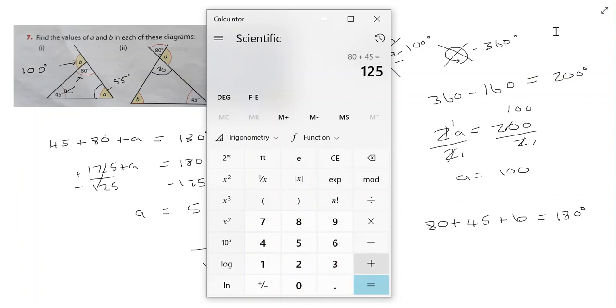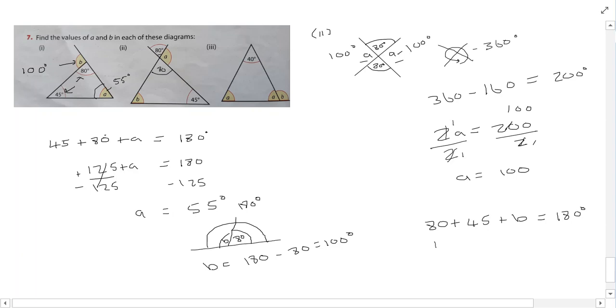So it's going to be 125 plus B is equal to 180. Now we want to get rid of the 125 from here. So this is plus 125, so we have to minus 125. If I minus 125 from this side, I have to minus 125 from this side. So plus 125 minus 125 will cancel out.